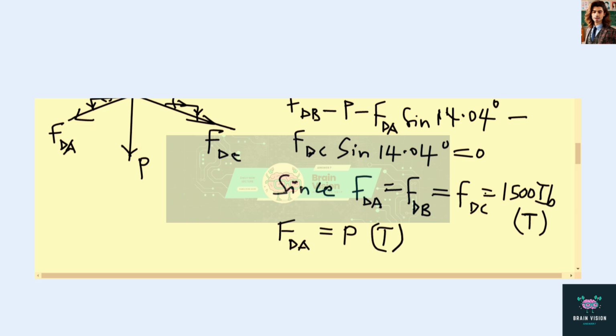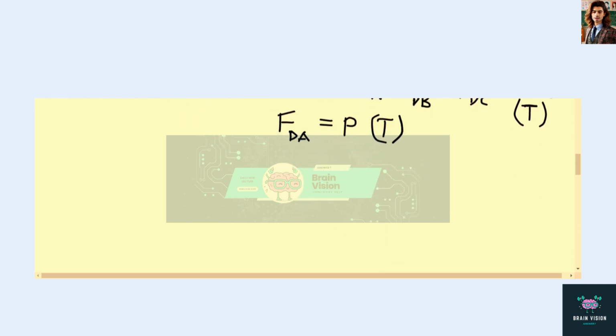And it's going to give you tension. Now if we decide to put our 1,500 lb here, we are going to arrive at P to be equal to 1,500 lb.